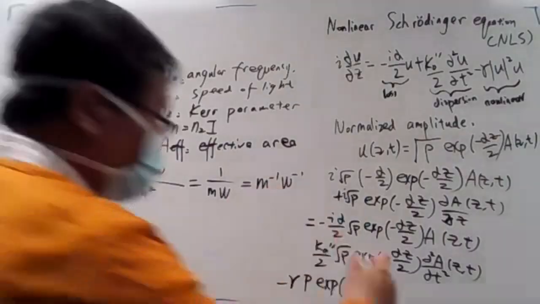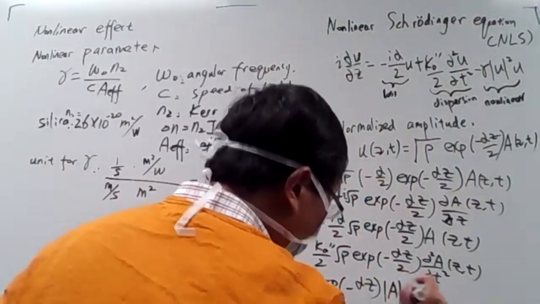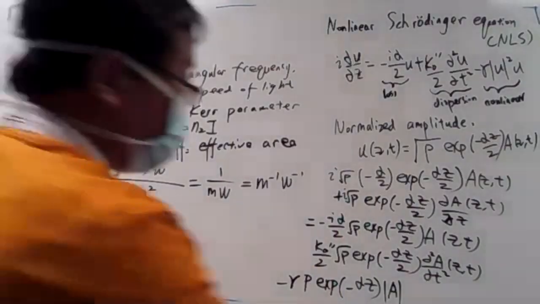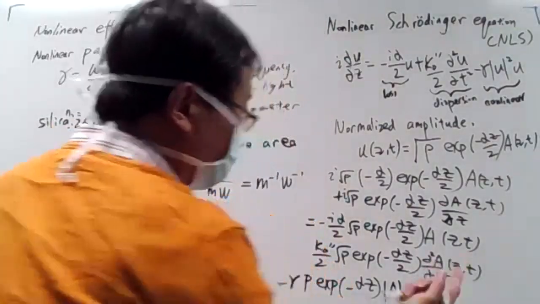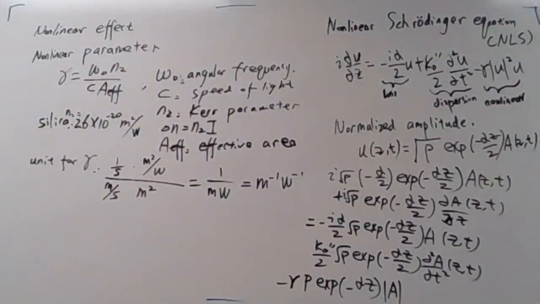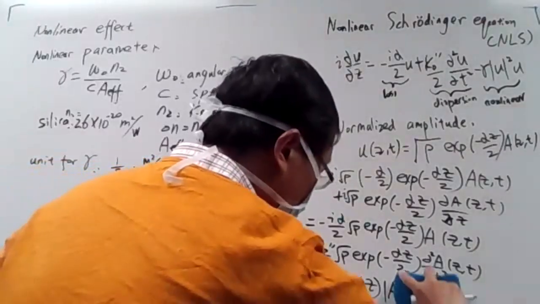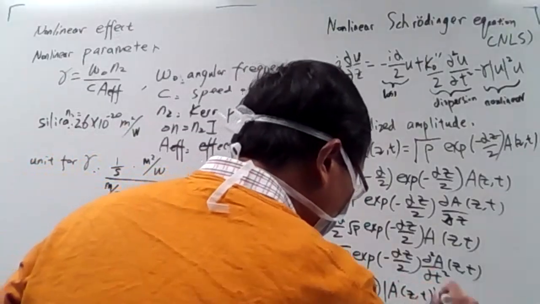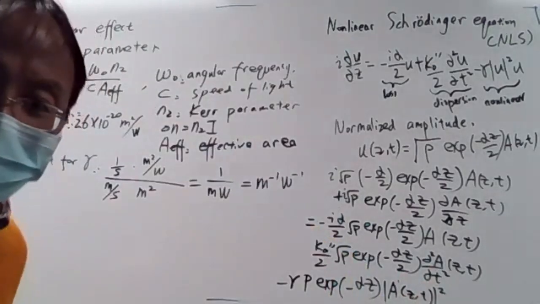And then we need the absolute value squared of A. I'm going to make an abbreviation, so I'll write ZT here to be consistent. Can you see it?